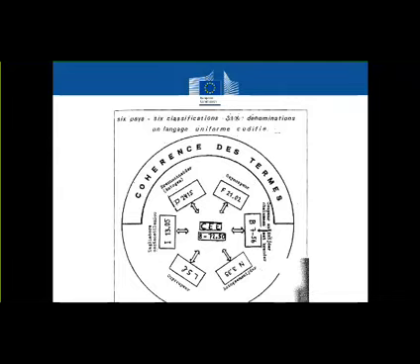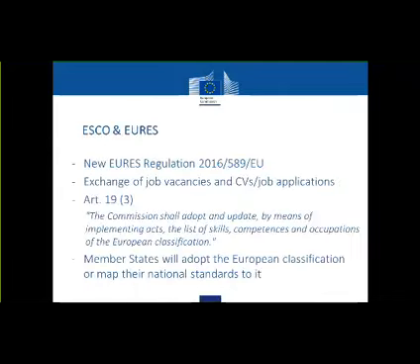Basically we are trying to achieve the same thing with ESCO, which means we use the European reference classification, but then the member states will either use the European classification on a national level, or if they have a national standard that they want to keep, they will create correspondence tables to the European classification. So the idea is to use the ESCO classification as a hub and as the common reference in this cooperation between the member states, and all member states and all organizations refer their own data to the European one.